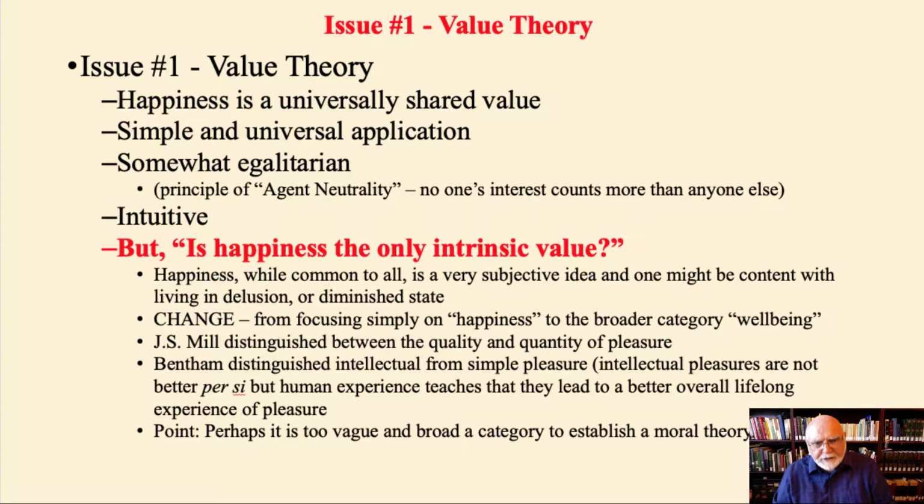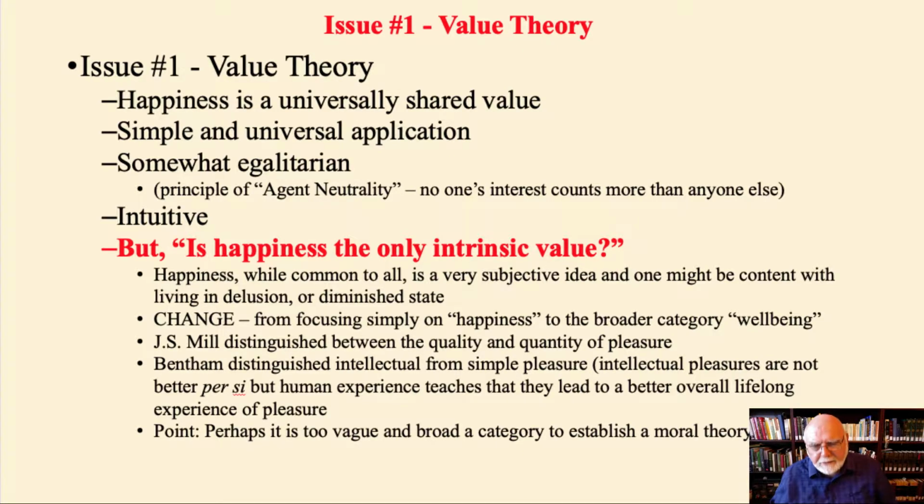But the big question here is, is happiness the only intrinsic value? For example, it's possible for people to consider themselves happy in ways which are not really universal. For example, you can have people who are perfectly happy but living a delusion. And it's not a universal principle that we live a delusion.